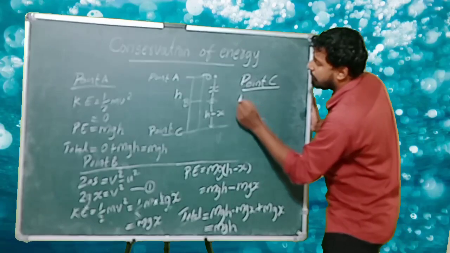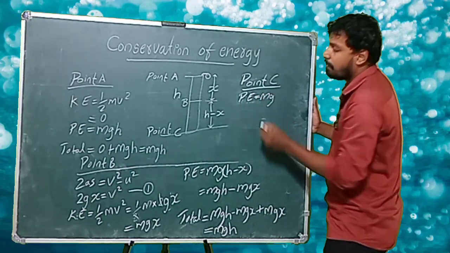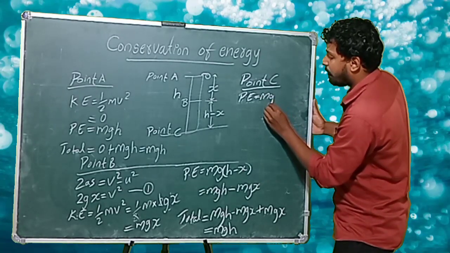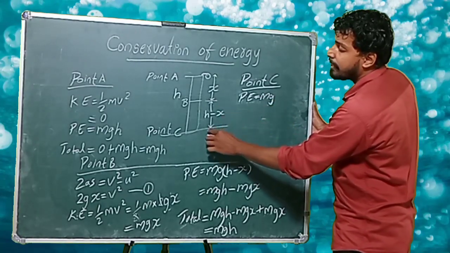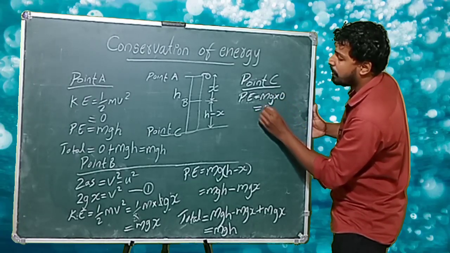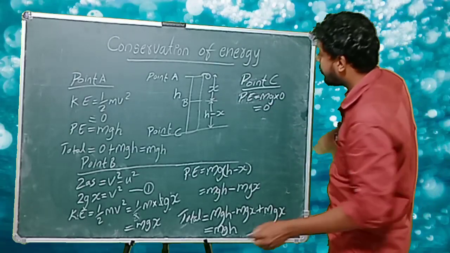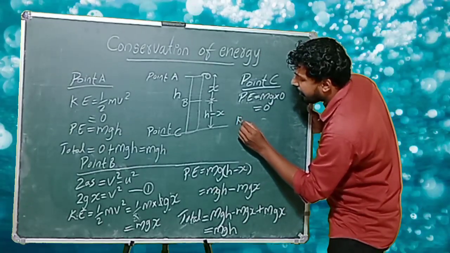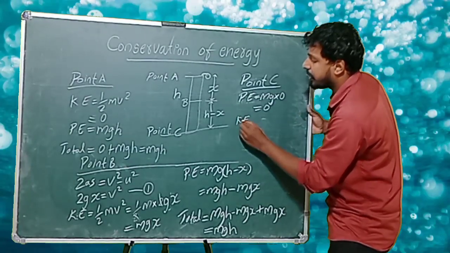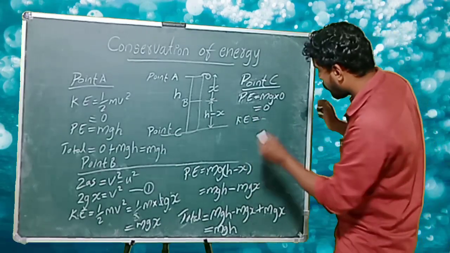Potential energy is mgh. What is the value of h here at point C? It is 0. Into 0, so potential energy is 0. Then what about kinetic energy? Kinetic energy is half mv square.